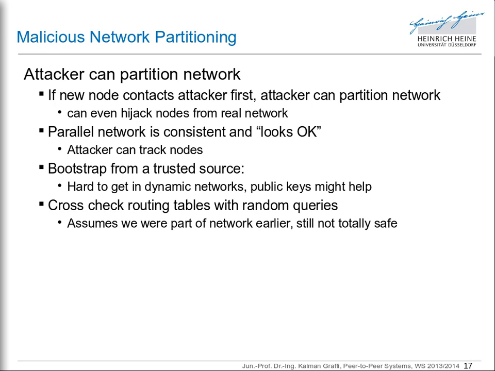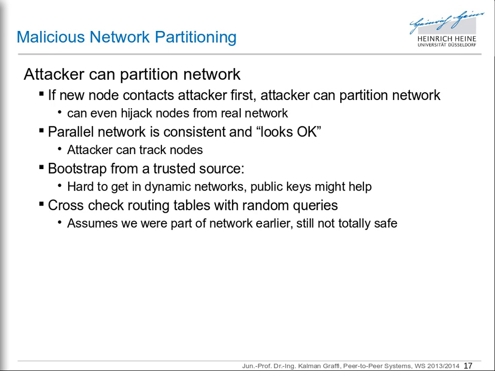For example, this is our chord ring. We have some nodes here, and this node is, for example, a malicious one. Now a new node wants to join this overlay, and it contacts, for example, this malicious node.